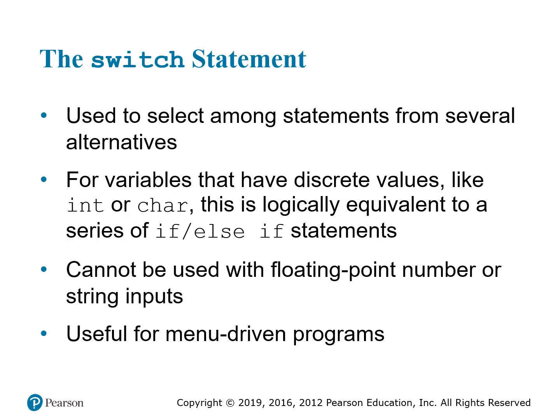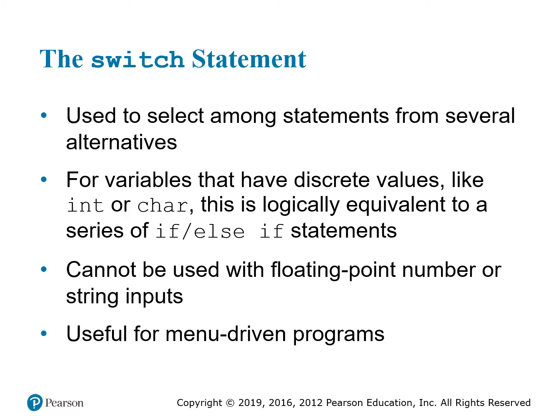It's used to select among statements from several alternatives, so it's very similar to an if-else-if chain. It only works for variables that have discrete values like an int or a character. You can't use this with floating point numbers or string inputs because those don't have several exact values.